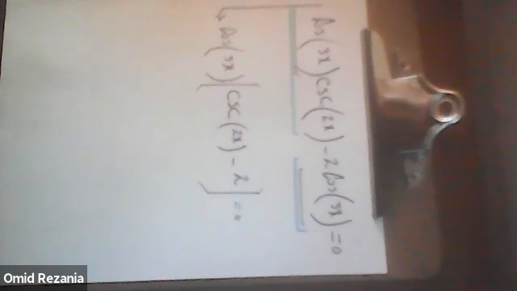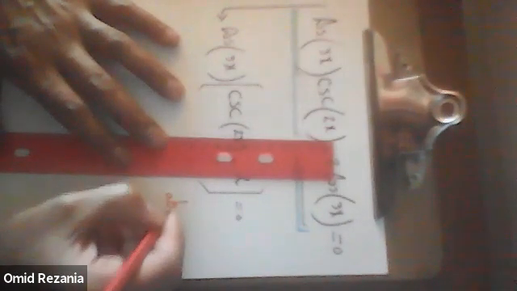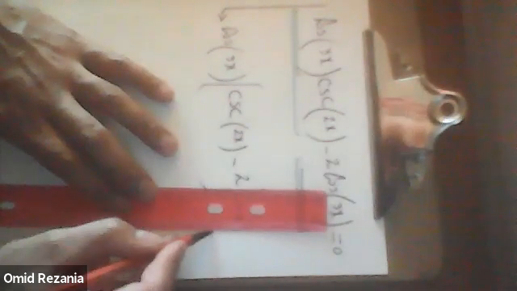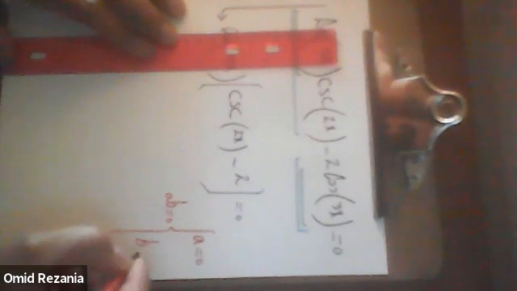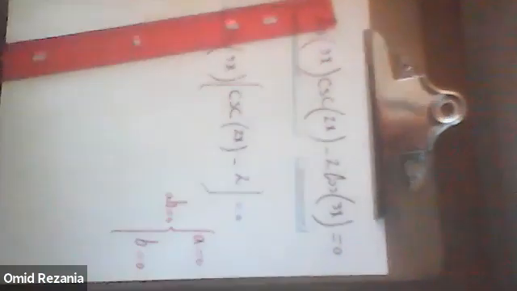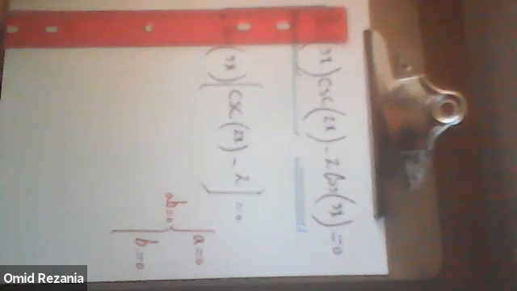Guys, you see the same thing happened as in the example which we did before. We have two terms, which essentially is like that: a times b equals 0. Then either a should be 0 or b should be 0 for this identity expression to be valid.